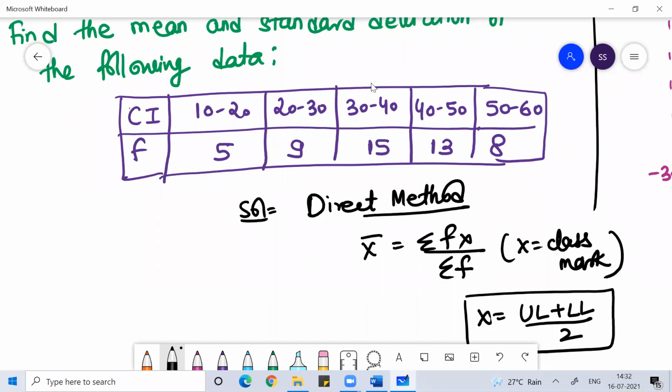Your data can be exclusive or inclusive in nature. You know this, right? Anyone, any doubt?